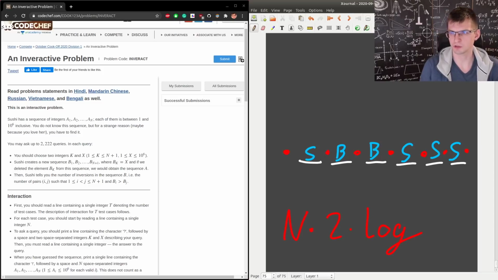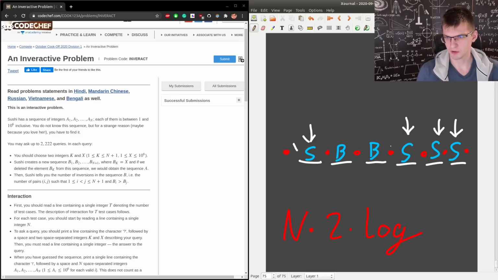Just now go to the interval of small values, so from 1 to 500,000, those. And now between each of them ask about 250,000 in those positions.